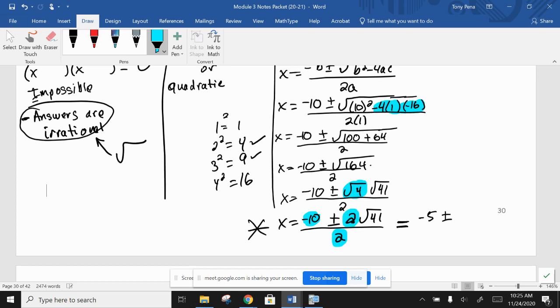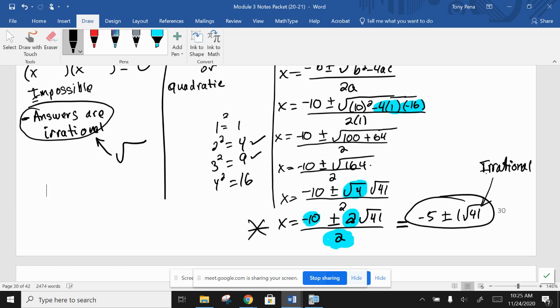If I take this 2 and divide it by 2, then that just becomes a 1, root 41. And if we take the 2 in the denominator and divide that by 2, you're just going to get a 1. So since it's all a denominator of 1, the answer, multiple choice wise, you would just be looking for this. And again, we knew we were going to get this irrational number.